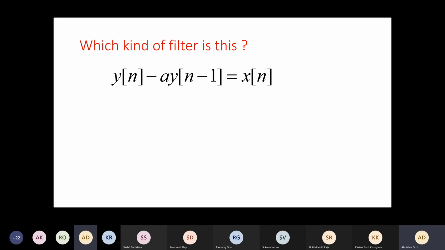So this is the system. Now the strategy that we will follow in such cases is, we know that this is a linear time invariant system. If someone is asking you what kind of filter is this, then you have to assume it's a linear time invariant system. So in a linear time invariant system, if input is e to the power j omega n, what is the output?